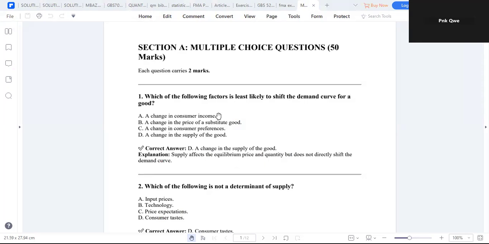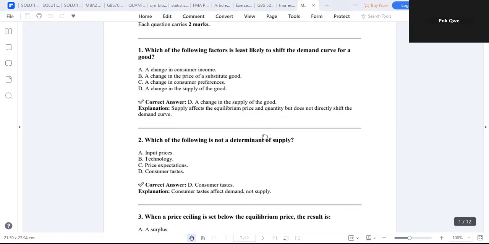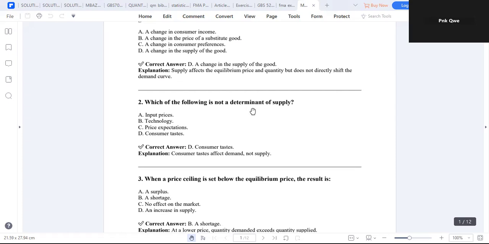A change in income will cause a shift. A change in the price of a substitute or related good will cause a shift. A change in preference will cause a shift, but supply will not. That is our answer.